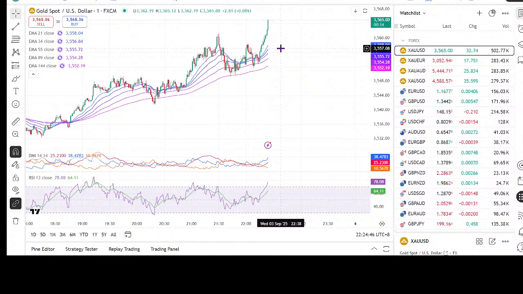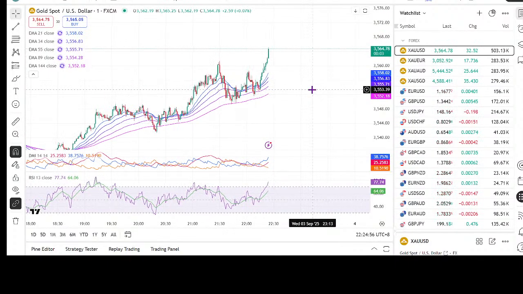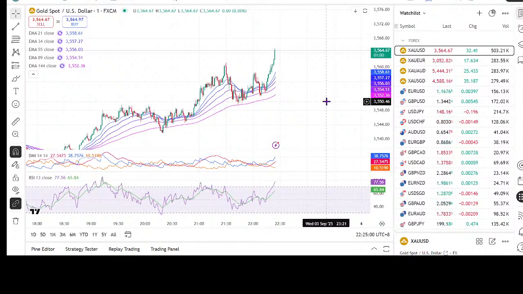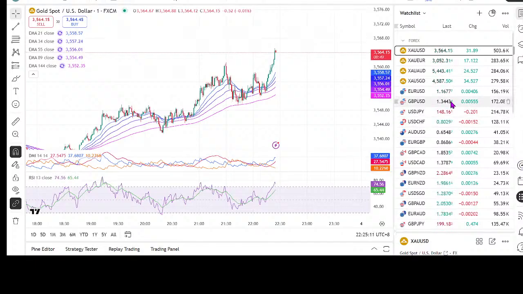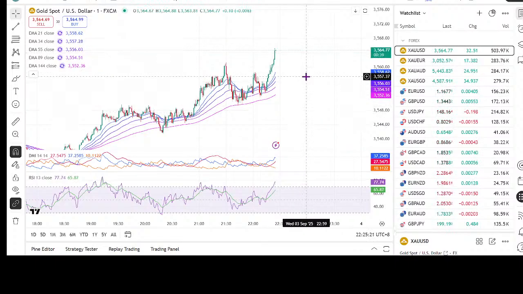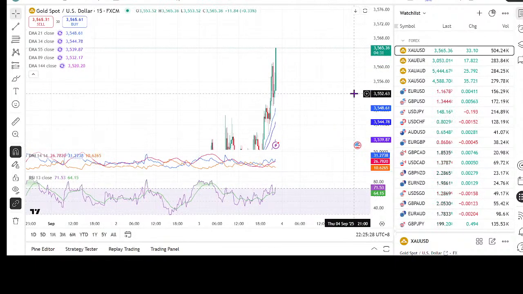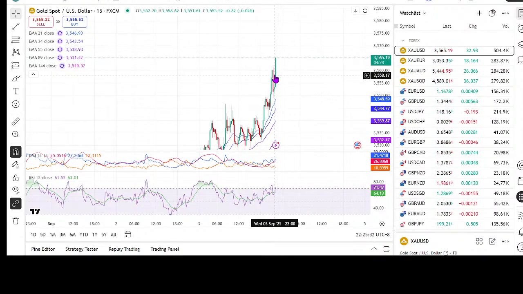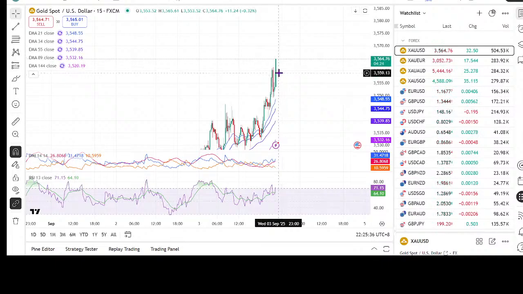Okay, now what we can do is, let's see. See everything synchronized, because the euro is also moving. The dollar weakness is seen, and the gold US is still moving up. Okay, this strength, we may see another 5 more minutes of this strength.